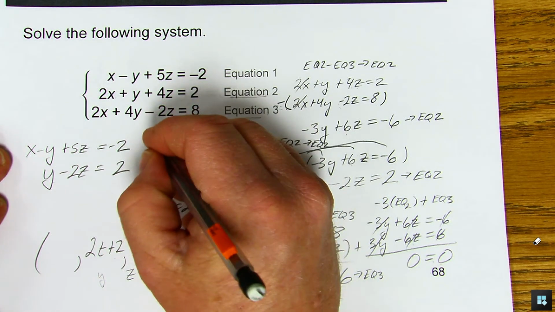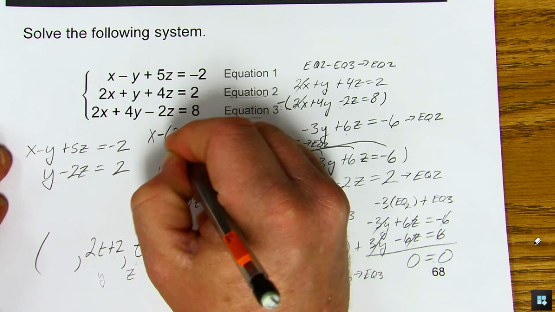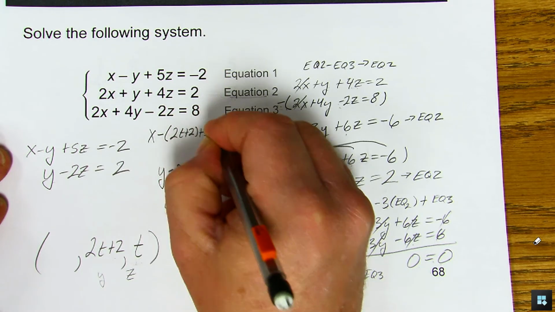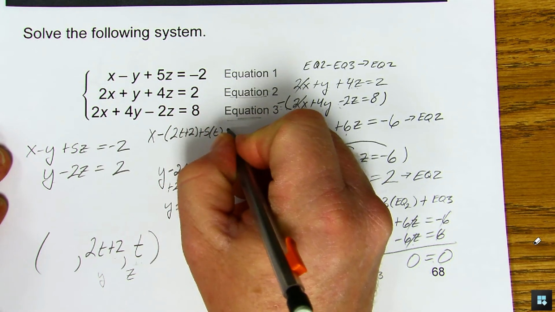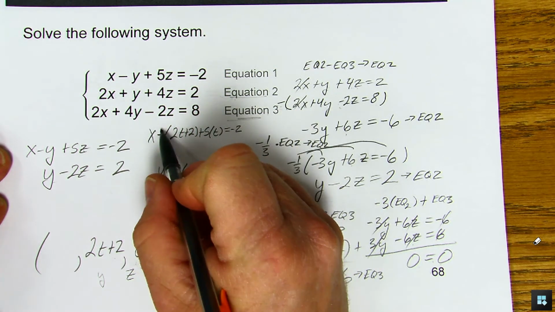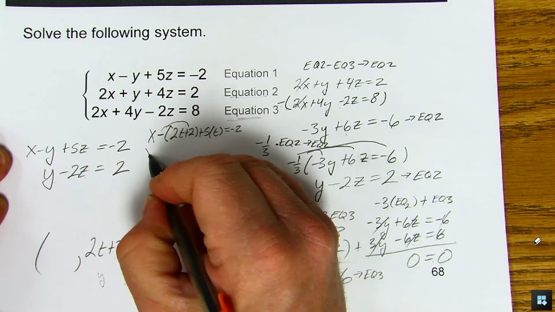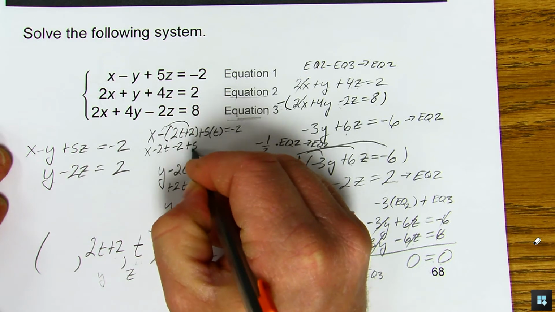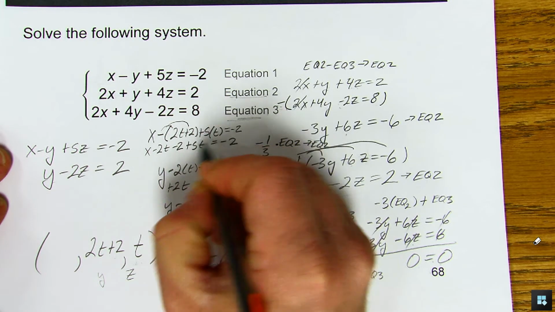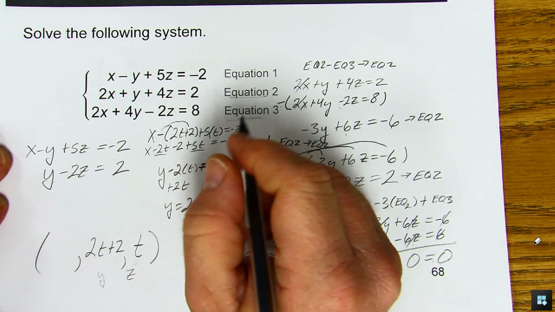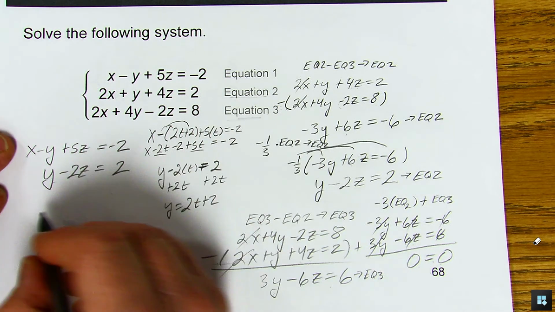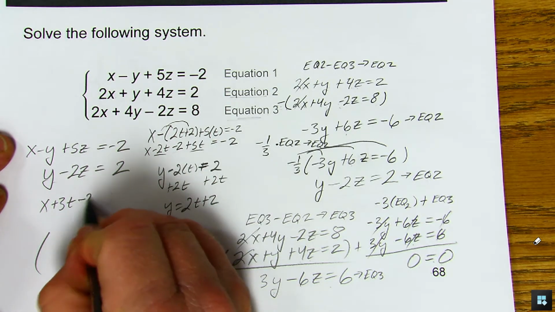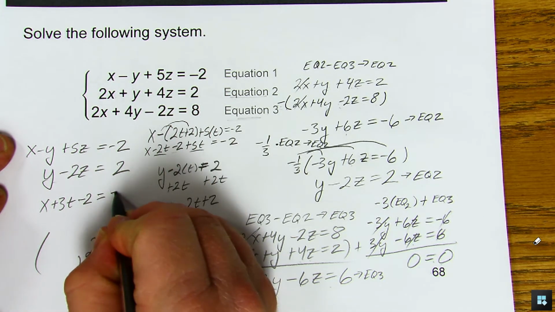So I get x minus (2t plus 2) plus 5t equals -2. Distribute the negative in: x minus 2t minus 2 plus 5t equals -2. A -2t and a 5t make 3t. So I get x plus 3t minus 2 equals -2.